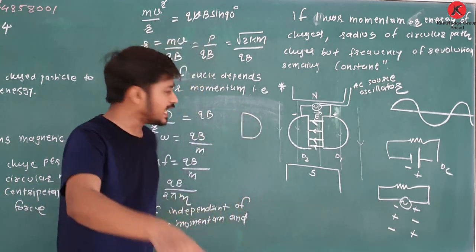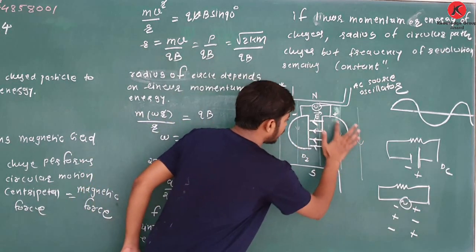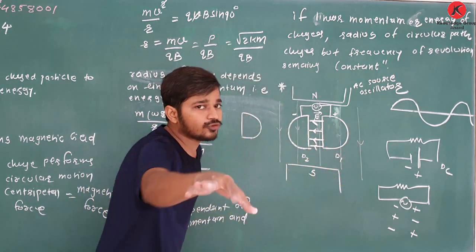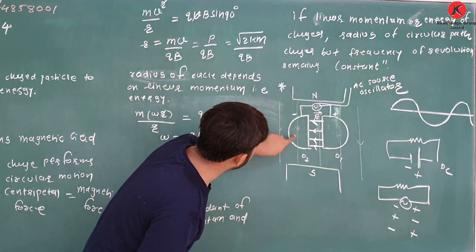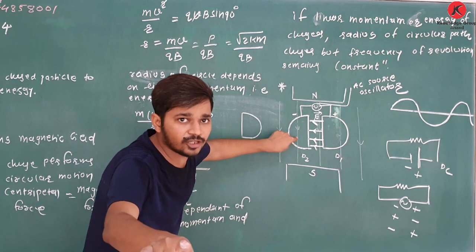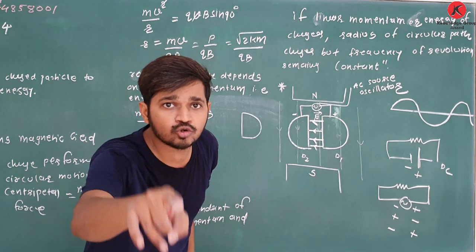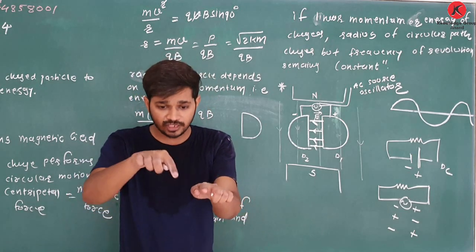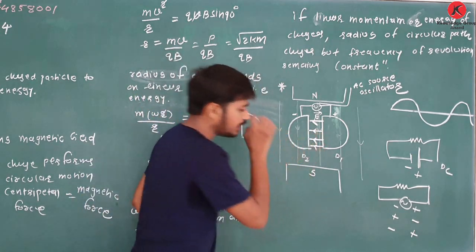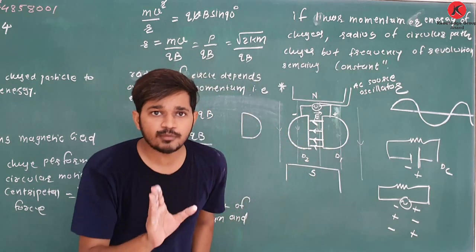So in this region the electric field is zero, and in this region also. The electric field is only between the two Ds, in this region. Clear about this?